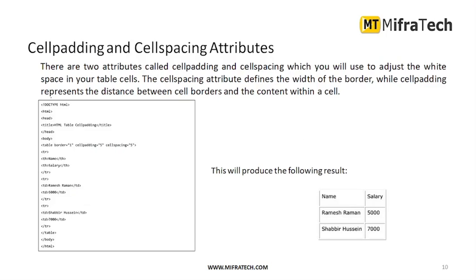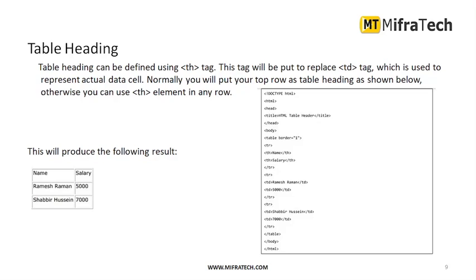Next, table heading, the th. A table heading can be defined using the th tag. This tag replaces the td tag, which is used to represent the actual data cell. The difference between th and td is that th is defined as a header tag, like a heading element.